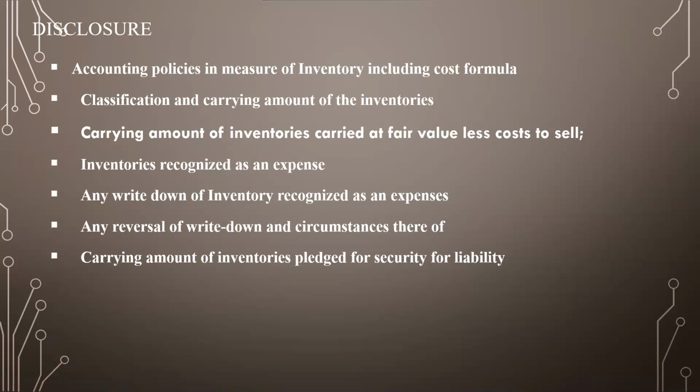Inventory recognized as an expense, whenever you recognize revenue, plus the write down loss, has to be disclosed. If you are reversing this write down in a subsequent period, you also have to give in your notes to accounts, in your disclosure, the circumstances based on which you are reversing the inventory write down.